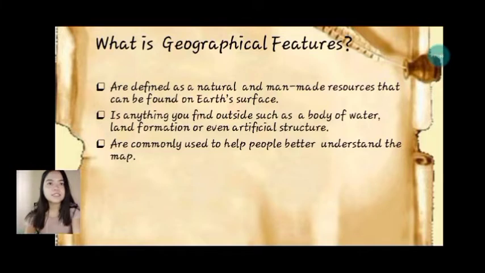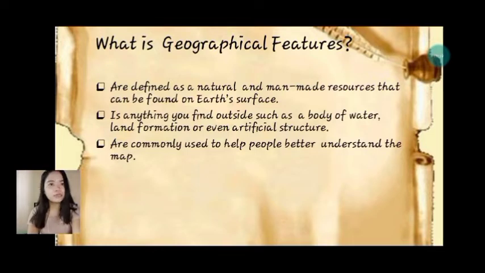So first, what are geographical features? Geographical features are defined as natural and man-made resources that can be found on the Earth's surface. The natural ones are the water forms and the land forms. And the man-made resource, an example of this is the canal.